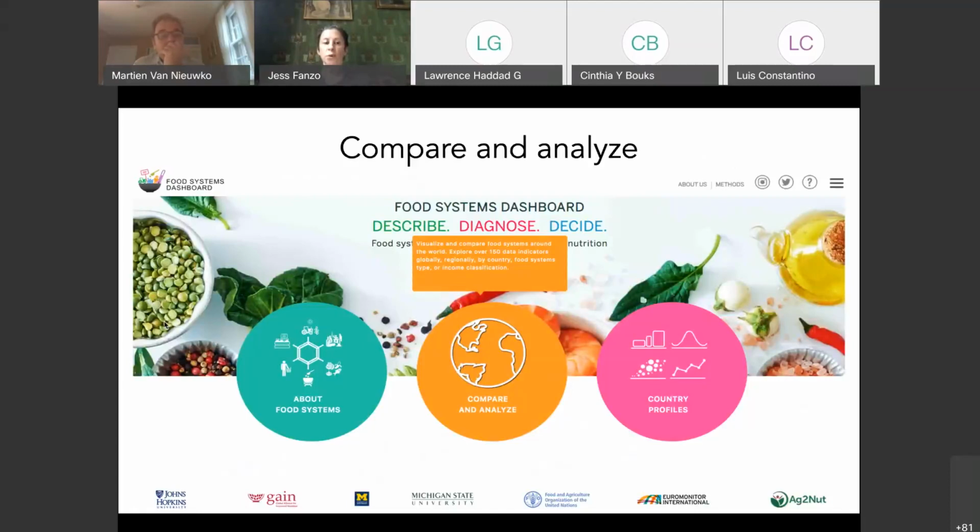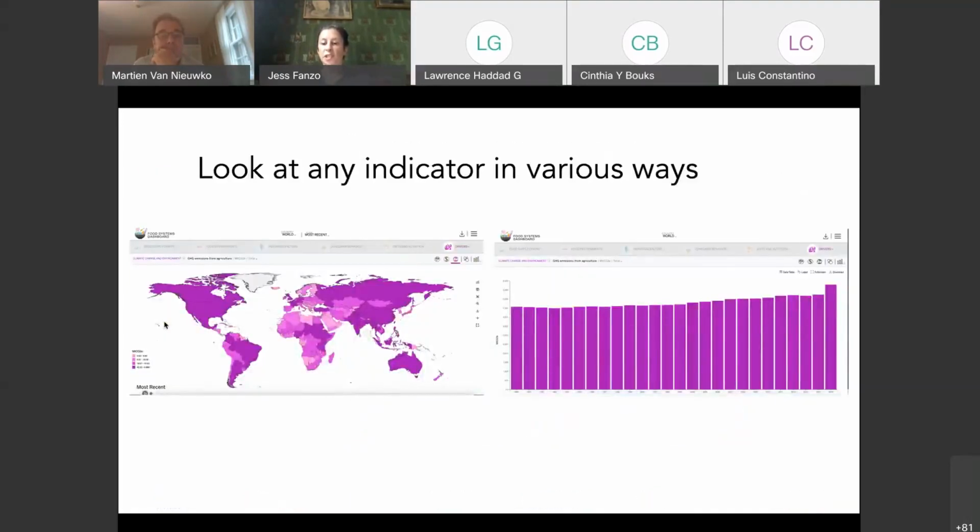This is the most robust use of the tool, in which you can look at all 170 indicators across the world, by region, by country, in any kind of format you want, by maps, by bar graphs, by pie charts, by rank charts, by bubble charts.